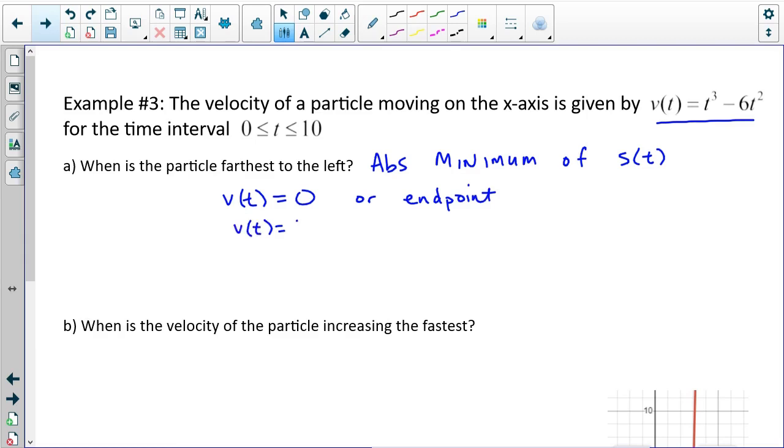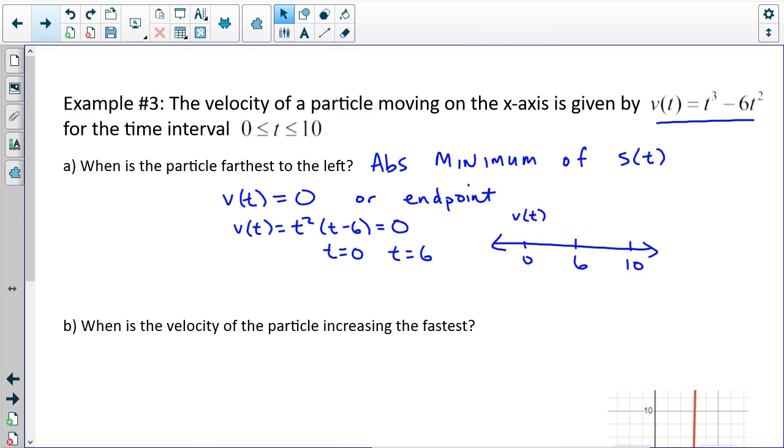If I factor out a t squared, I have t squared times t minus 6. I want to set that equal to 0. That occurs at t equals 0 or t equals 6. Let's make a sign chart of v of t. I have 0, 6, and 10. The reason I'm capping it at 0 and 10 is because I have boundaries for this function.